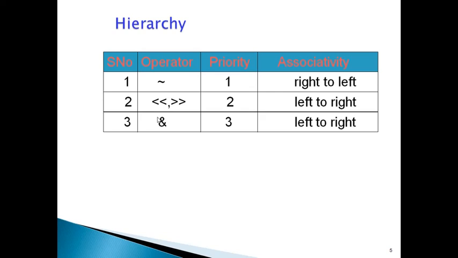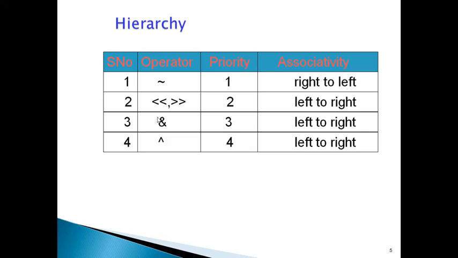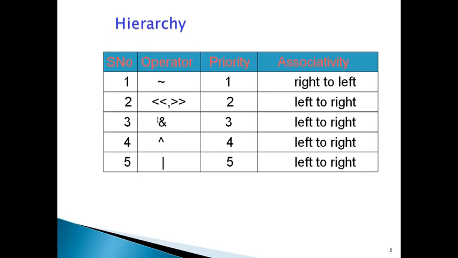Bitwise AND operator has third priority, with left to right associativity. Exclusive OR operator has fourth priority, with left to right associativity. OR operator has the fifth priority, with left to right associativity.